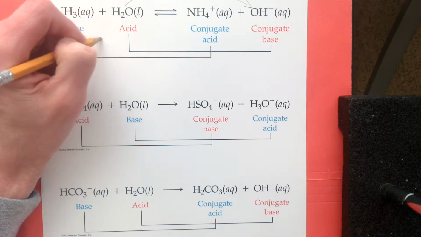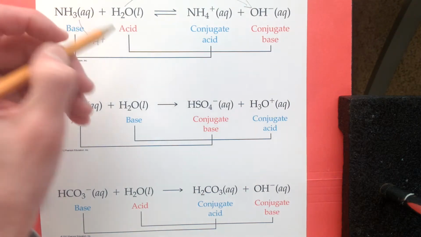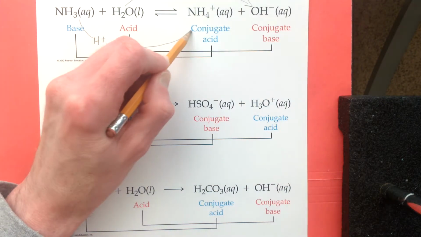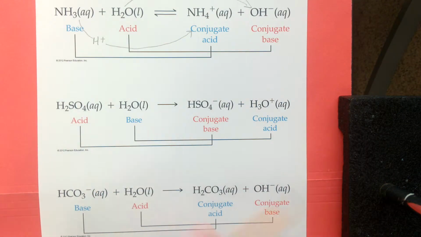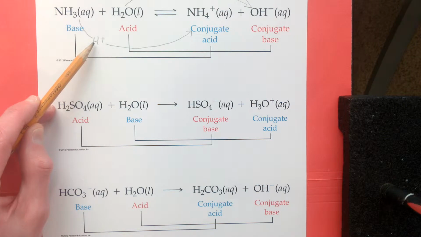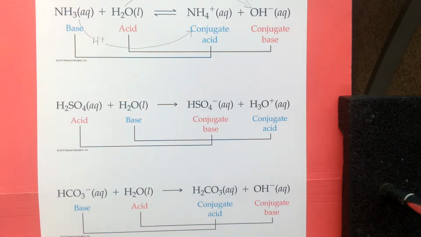Okay, so you notice that as the ammonia here goes through the reaction and becomes the ammonium ion, it does so by accepting an H plus. Now, one of the other key concepts of the Bronsted-Lowry theory is the identification of what's called the conjugate acid and the conjugate base.